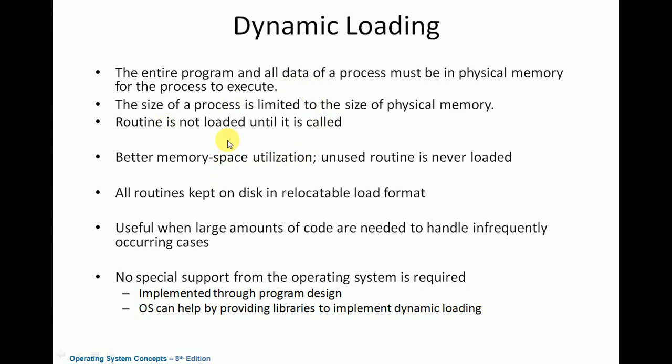So what is the advantage of dynamic loading? If the process size is larger than the amount of memory space left in the main memory, then that program cannot be loaded into the main memory. In this case, what can we do? We can go for dynamic loading. If you take a C program, the execution begins from the main function. So at the beginning, only the main function is brought into the main memory, and the main function is going to make function calls.